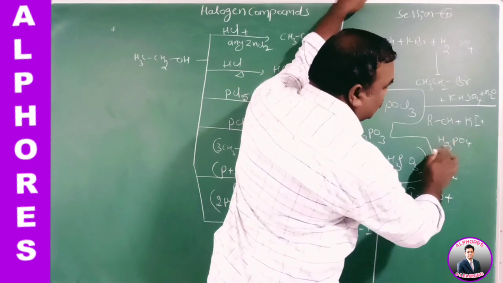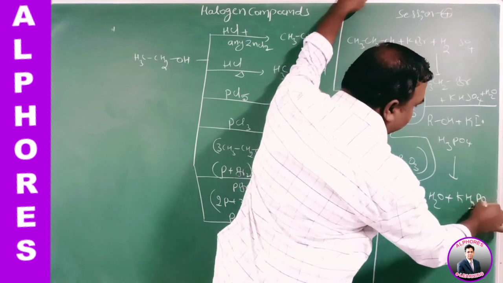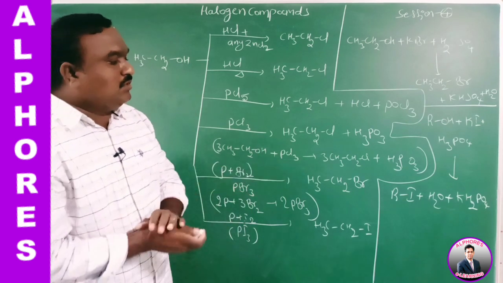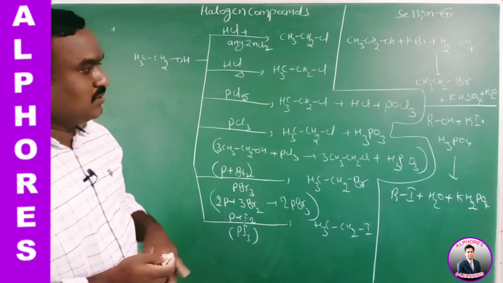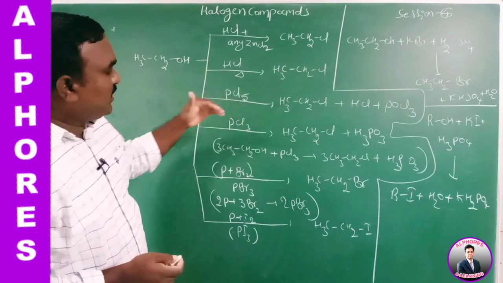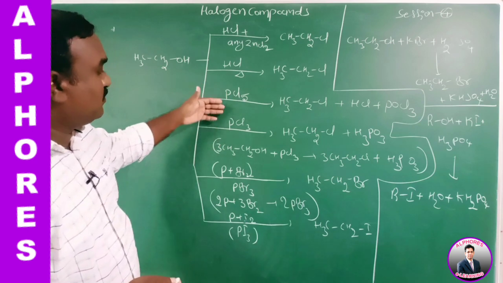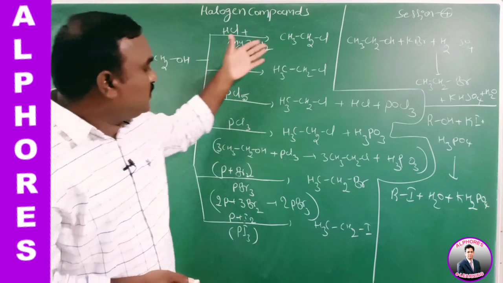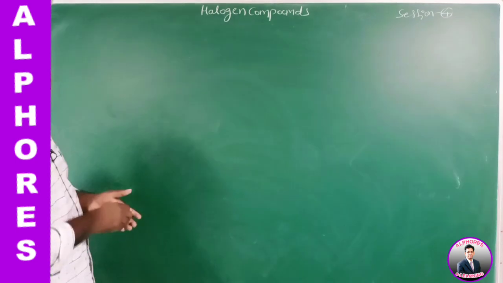Again KH2PO4, potassium phosphate. So by using potassium iodide also we can prepare alkyl iodide. This is the way to prepare alkyl halogen compounds from phosphorus halides.